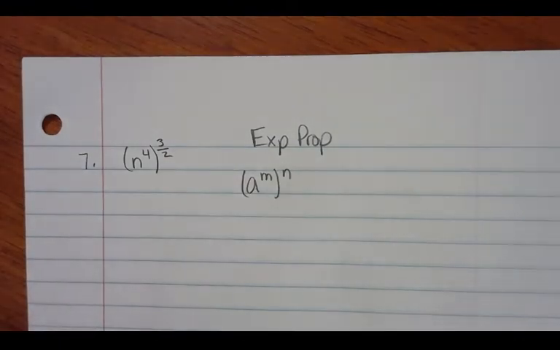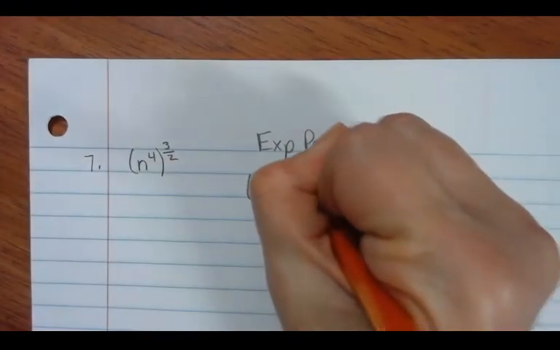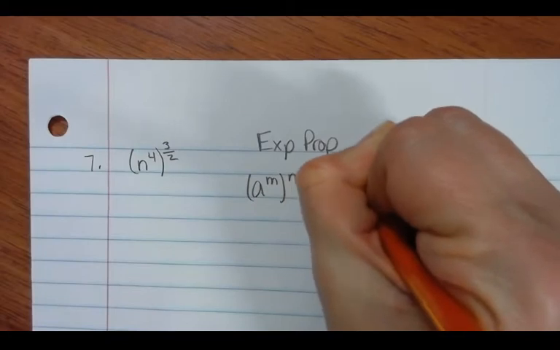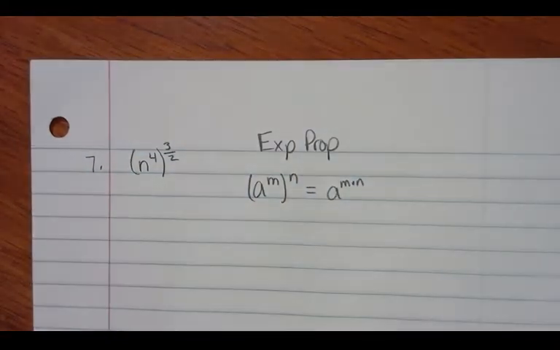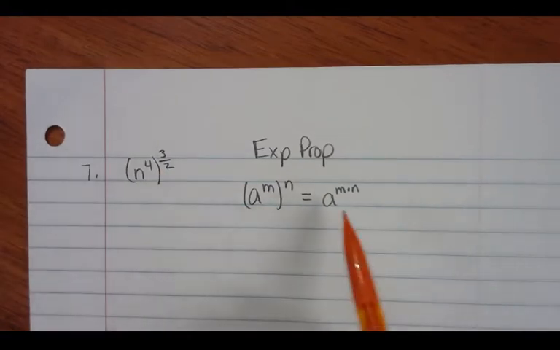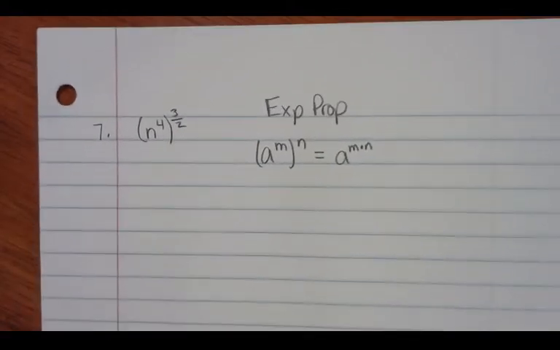So power to power, you multiply. I stress the p's to help you remember the operation that we should do. Multiplication is the only one that has the p. So we add, subtract, multiply, or divide. If it's a power to power, you multiply, stressing those p's to help you.